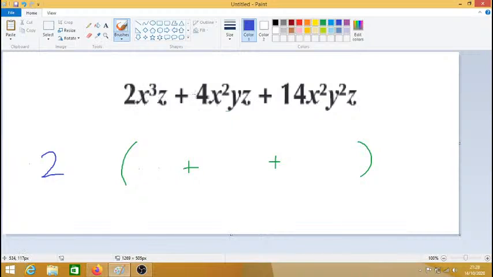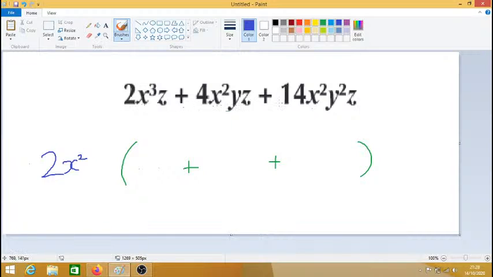We've got x cubed, but the others don't go quite as high, so x squared is present, and we're going to take x squared because x squared is common to all of them. I can use the x squared to make x squared in the second and the third one, and timesing by an x would allow me to make the x cubed in the first one. So x squared is as much as I can pull out.